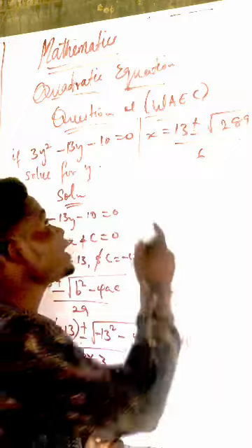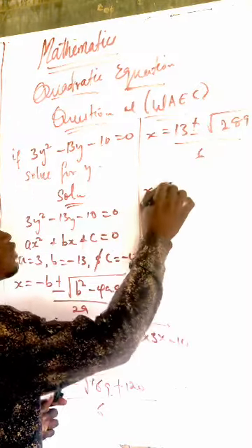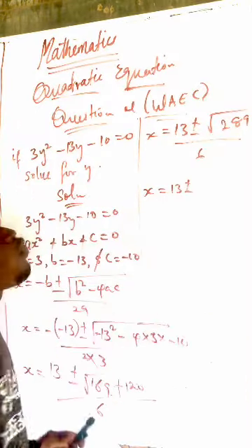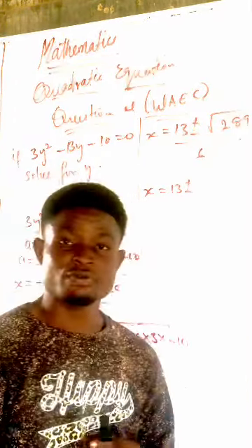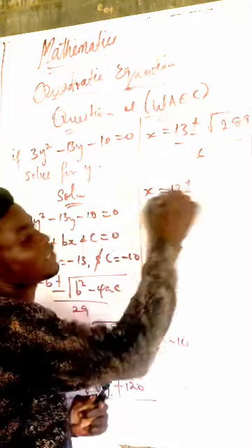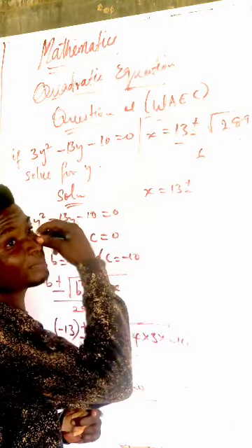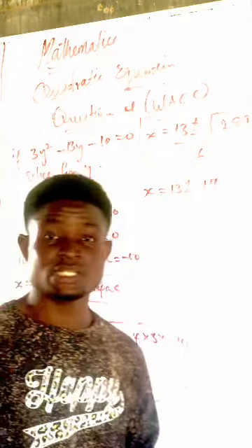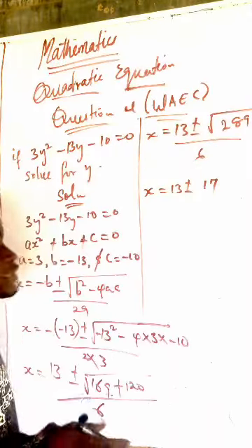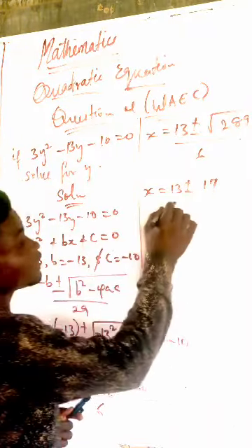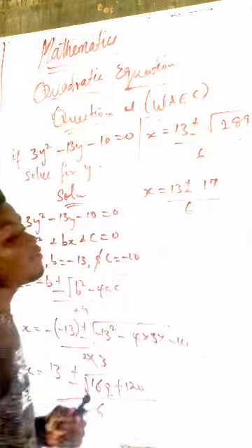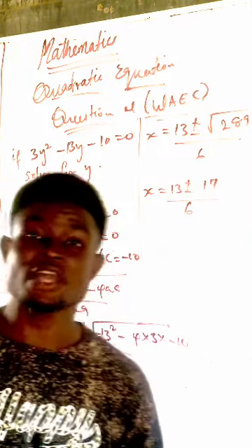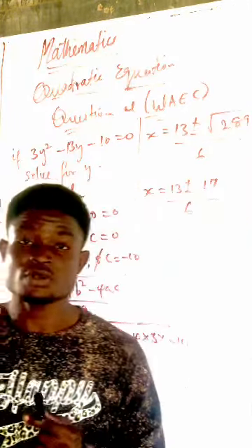So what next? x is equal to 13 plus or minus the square root of 289. What is the square root of 289? It should be 17, because 17 times 17 is 289. So 17 over 6. Remember, this is a quadratic, which means x will have two values.